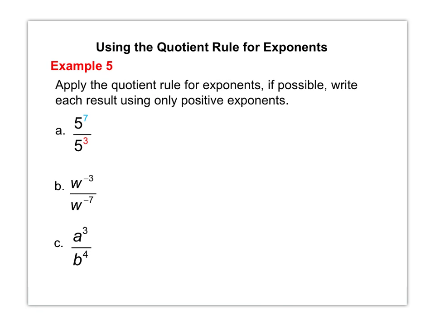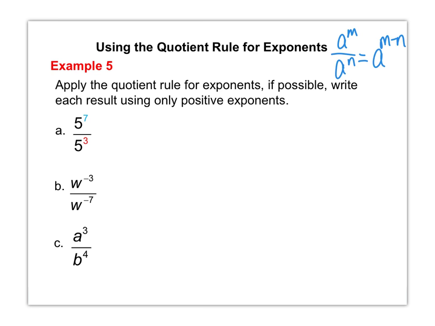In example 5, we're using the quotient rule for exponents. And if possible, write each result using only positive exponents. So remember that the quotient rule for exponents says that if you have a to the m divided by a to the n, you can simplify it as a single base a to the m minus n exponent.